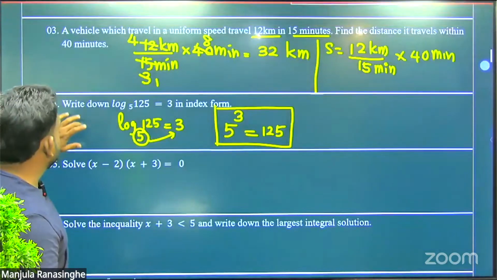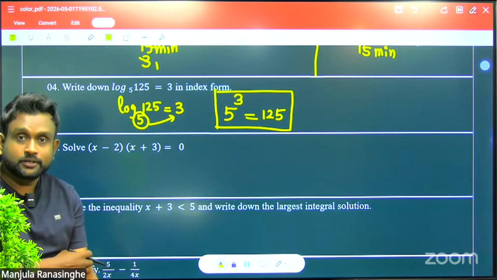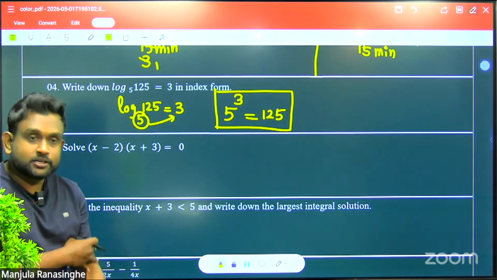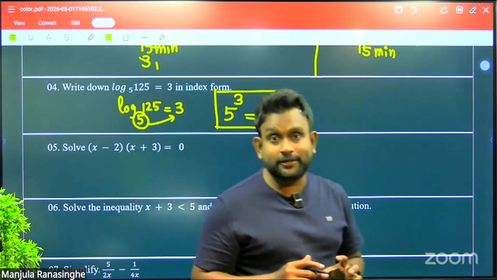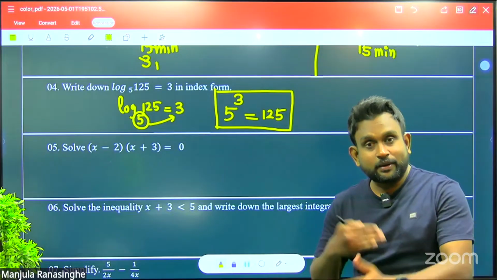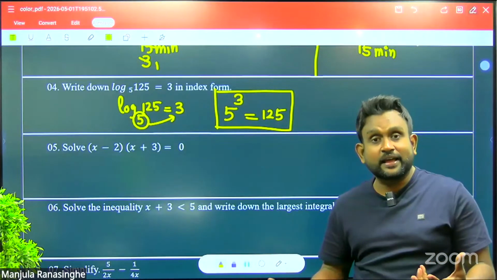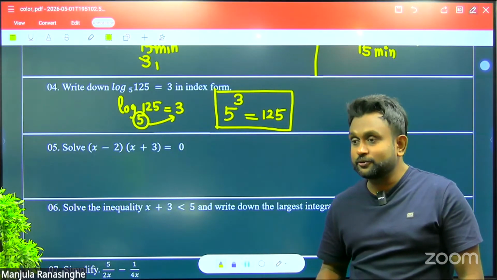Right. Now the quadratic equations, which you are going to learn in the second term. The specialty of quadratic equations in O-level maths is that they have two real solutions. But if you do A-level combined maths, then some quadratics do not have real roots.